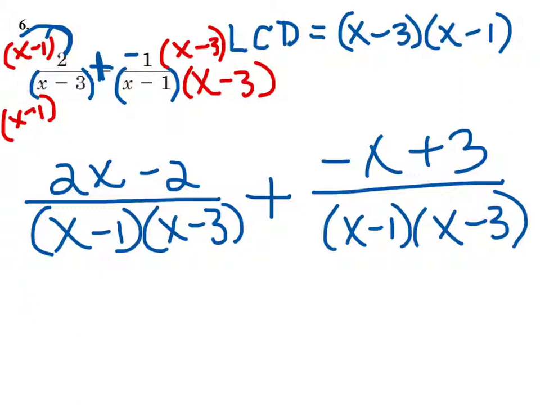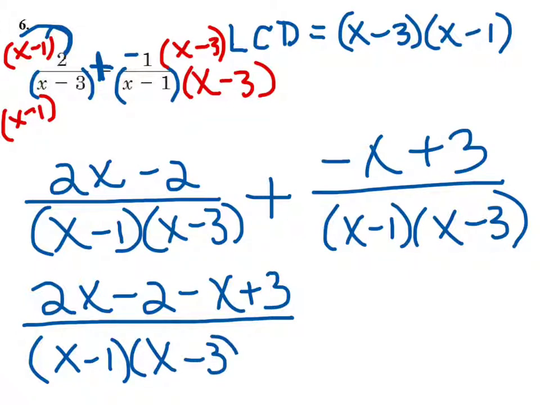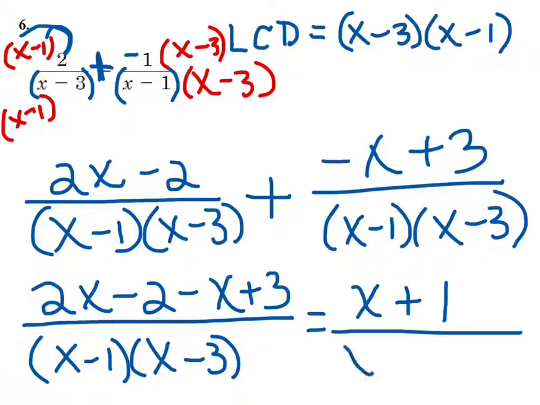I've got 2x minus 2 minus x plus 3, all in the numerator with the denominator of x minus 1 times x minus 3. Set that equal to the 2x minus x gives me an x, and the negative 2 with the positive 3 gets me a total of positive 1. And in my denominator, I am left with x minus 1 times an x minus 3.